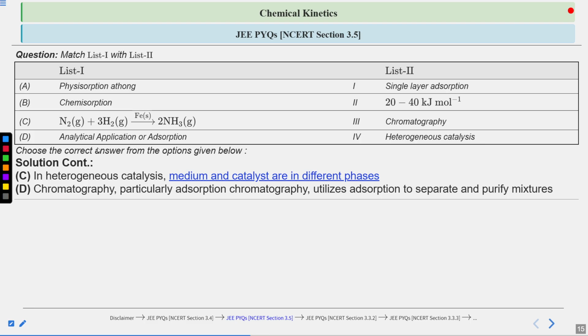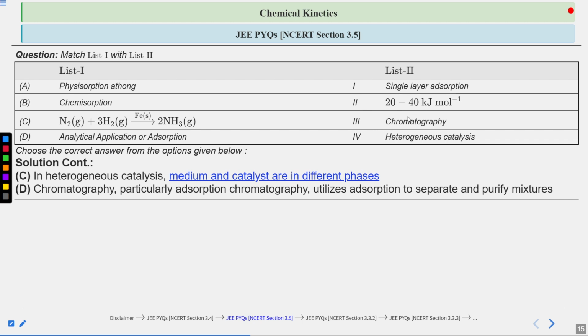And the D, that is analytical application of adsorption, is connecting with chromatography, particularly adsorption chromatography, which utilizes adsorption to separate and purify mixtures. So that's why the analytical application of the adsorption process is included in chromatography, and hence the D in list 1 is matching with the third component in list 2.